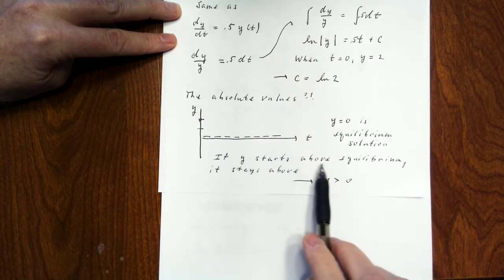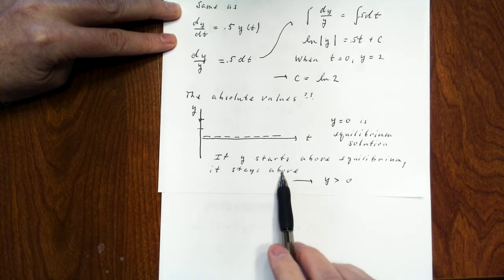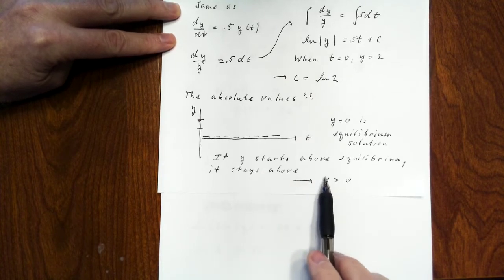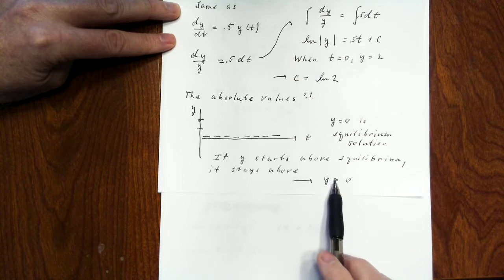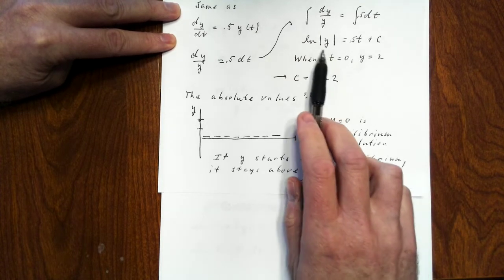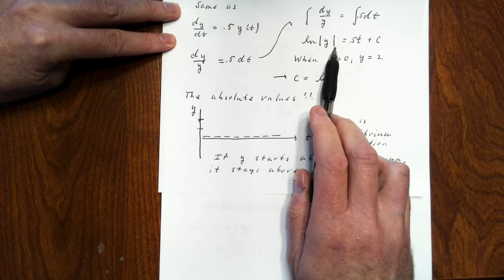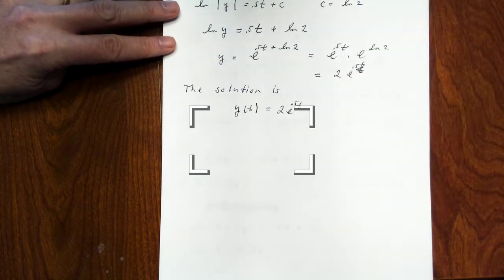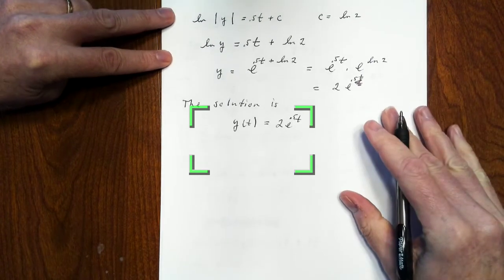So if y starts above the equilibrium, it stays above the equilibrium. Solutions don't cross equilibrium values. So that says that y is greater than 0, so that the natural log of the absolute value of y is simply the natural log of y. This allows us to contend with the absolute values.